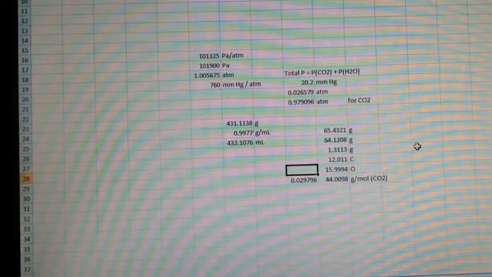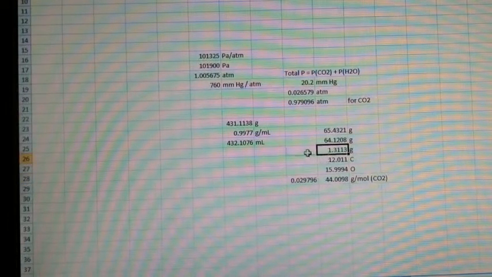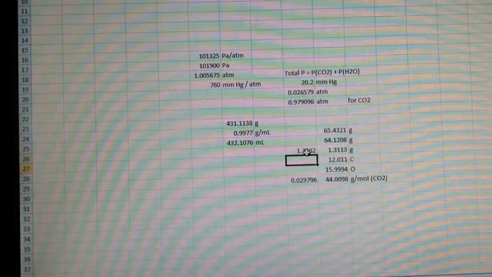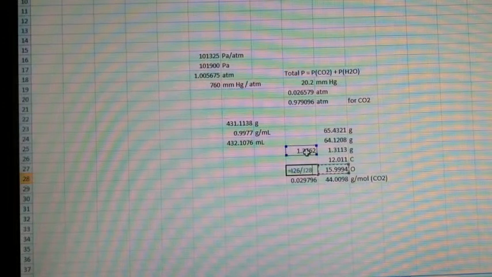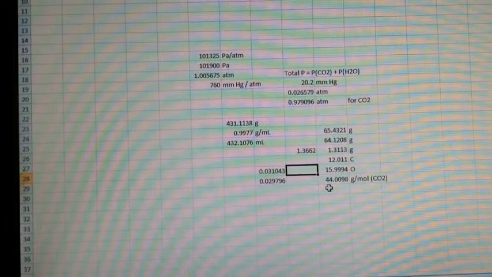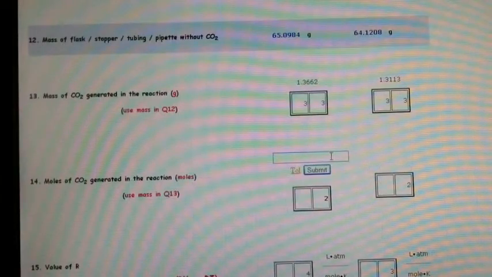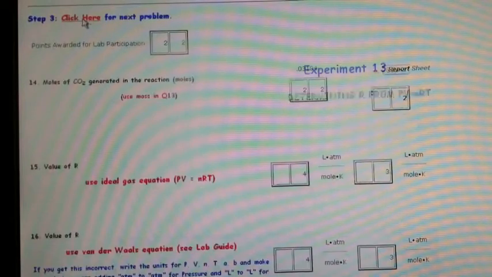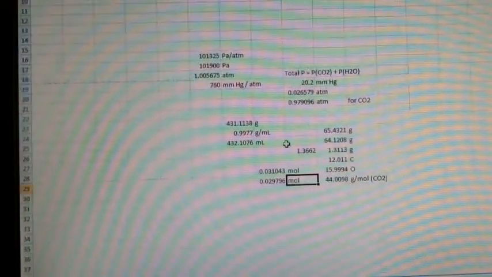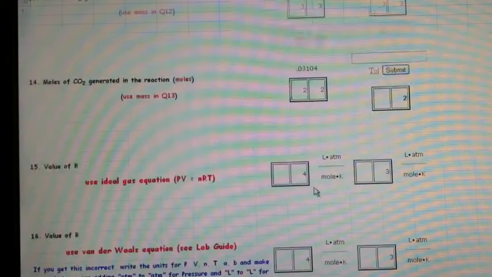So if I do that, then I'll have this mass and that many moles. So here is my moles of CO2: 0.03104. And the other one, 0.02980.